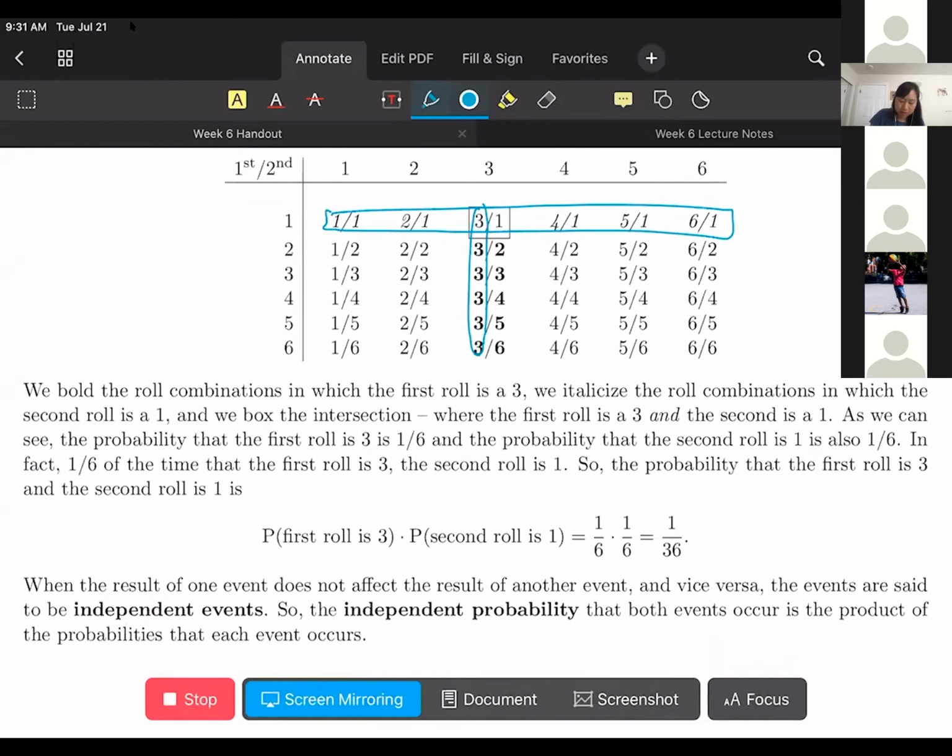So the probability that the first roll is a 3 times the probability the second roll is a 1 gives us the total probability that the first roll is a 3 and the second roll is a 1.